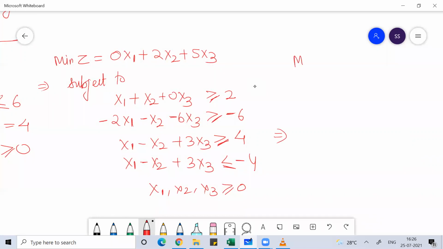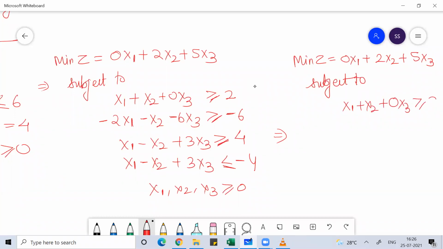So writing them in canonical form, I write minimum of z equal to 0x1 plus 2x2 plus 5x3 subject to x1 plus x2 plus 0x3 greater than or equal to 2.